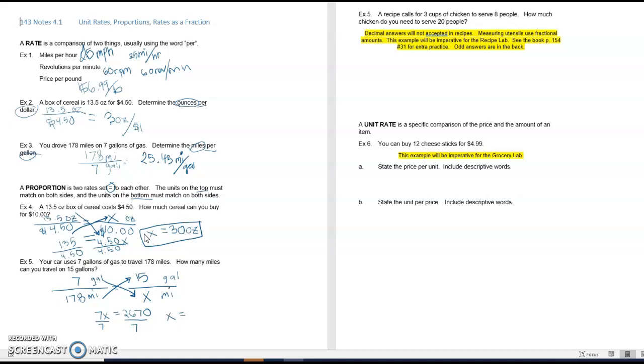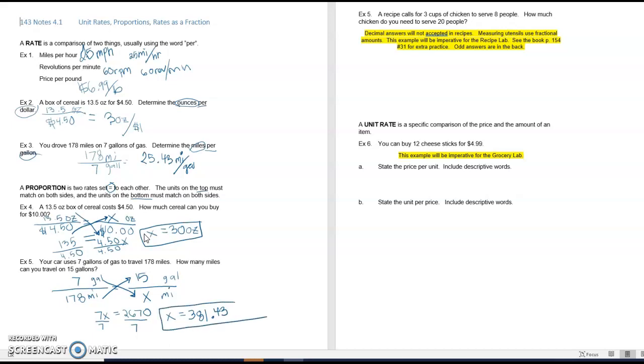And now I'll put this in my calculator. 2,670 divided by 7, and I do get a decimal here. Again, for the most part in this class, we're going to round to 2 decimal places unless it's specified otherwise. So this will be 381.43. Now you need to look at your calculator yourself.